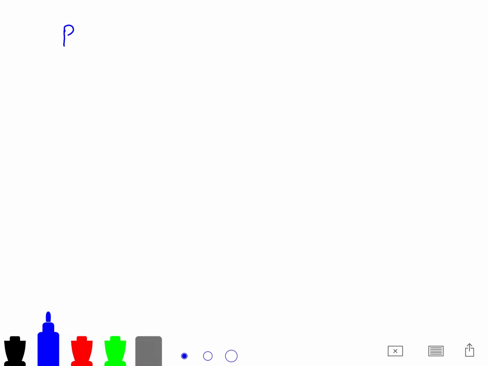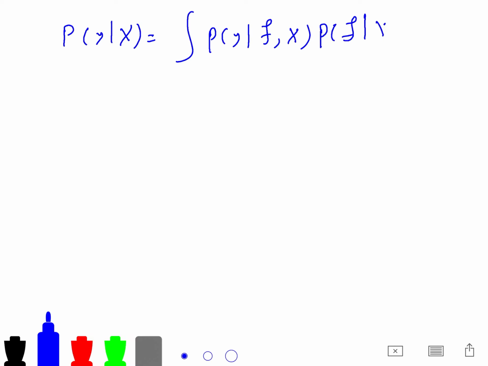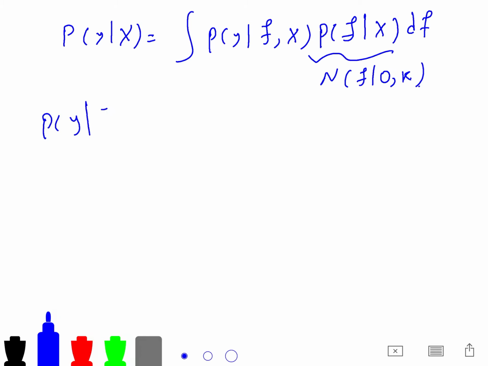The probability of y given x is equal to the integral of the probability of y given f and x, times the probability of f given x and k, and the probability of y given f is the normal N(yi | fi, sigma_y squared).